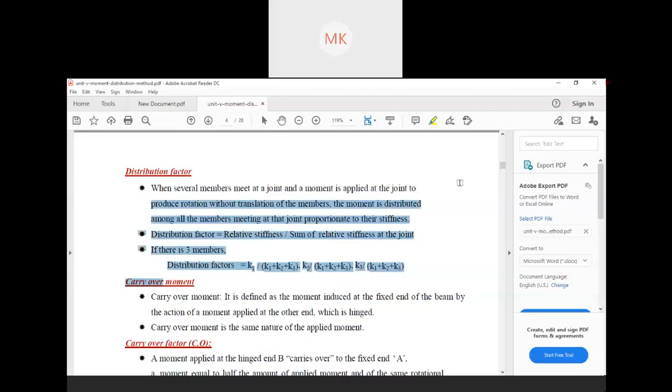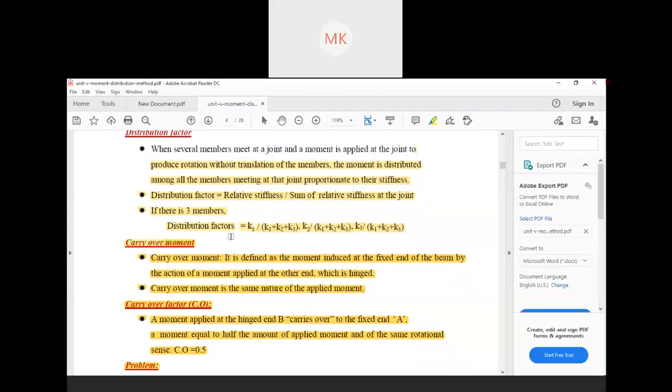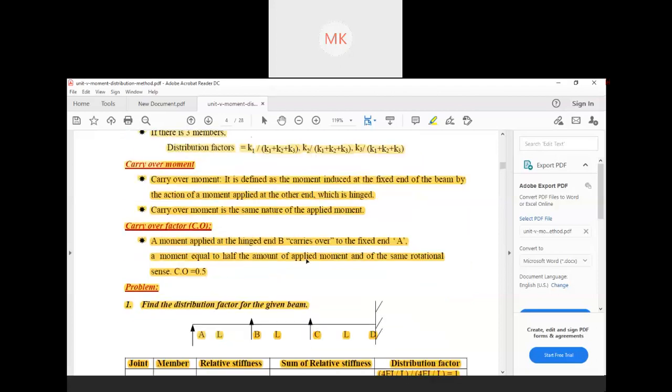Say if there is a joint connected to different members, then through the joint all the moment is distributed among all the members, and it is distributed according to some factor that is called the distribution factor. So the distribution factor is relative stiffness divided by the sum of the relative stiffness at that joint. If there are three members, how will we find it? K1 by K1 plus K2 plus K3, then K2 by K1 plus K2 plus K3, and similarly K3 by K1 plus K2 plus K3. Okay, it will be clear when we solve a numerical.